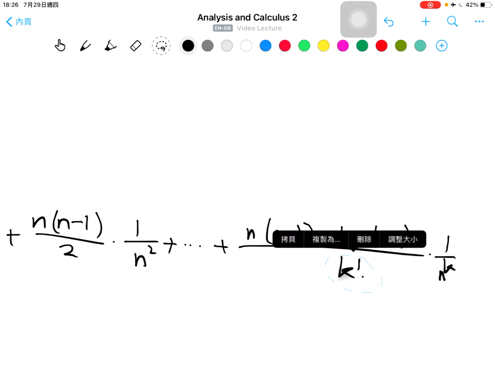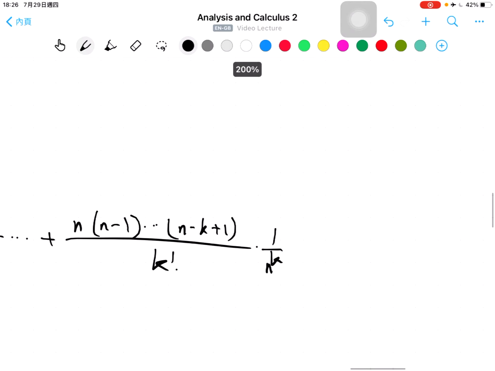And then finally, our last term is going to be nCn, which is still going to be 1, and then finally we have 1 over n to the nth.